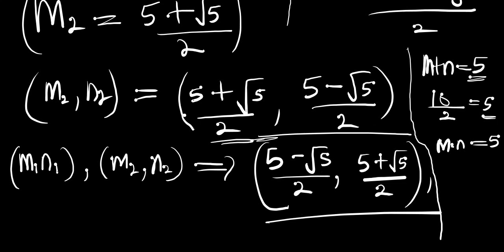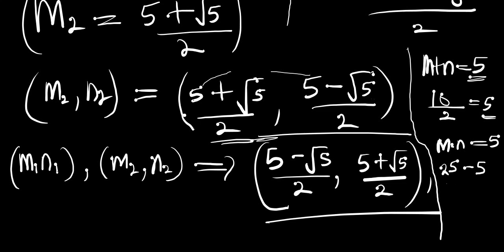Now, what you need to do is you simply multiply it out. 5 times 5, this times this, that is 25, right? 25. 5 times negative root of 5, that will be negative 5 root of 5, and that will cancel this positive 5 root of 5. So that is out. Then the next thing is for you to multiply this and this. So root of 5 times root of 5 is simply negative 5. Have you seen that? Positive root of 5 times negative root of 5 is simply negative 5.